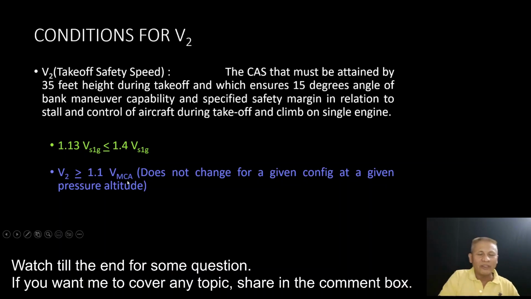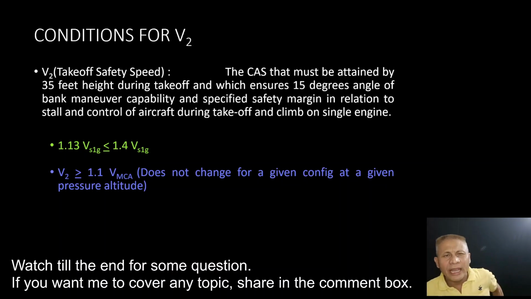As also we have discussed in my previous class, the VMCA is determined for the maximum takeoff thrust in certain aircraft, and for the derated takeoff thrust also for some of the aircraft which are using the derated. So this particular VMCA is determined for the takeoff thrust, or the takeoff power if you are flying a turboprop aircraft.